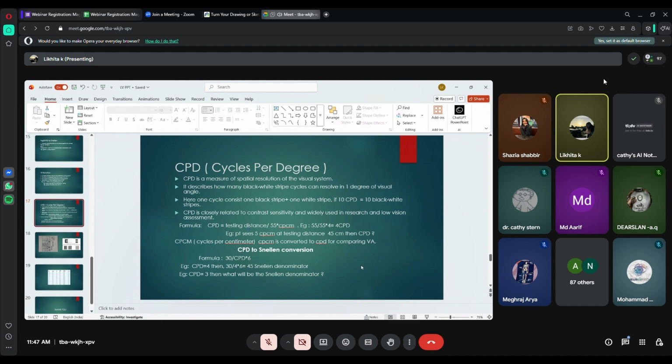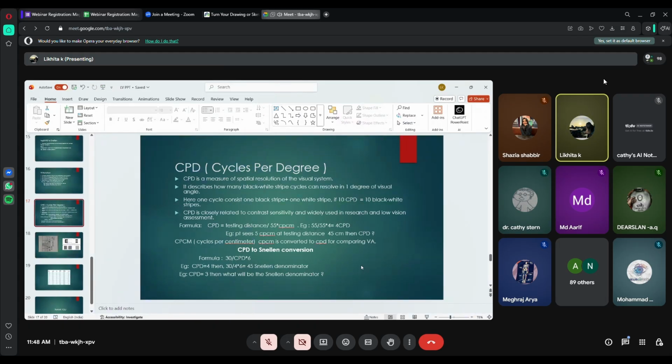That's 4. Correct. Now we understood how to calculate the CPD value. To calculate the CPD value, we should have the CPCM value and the testing distance value.